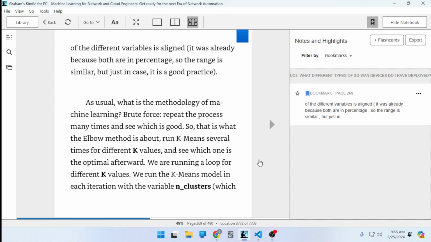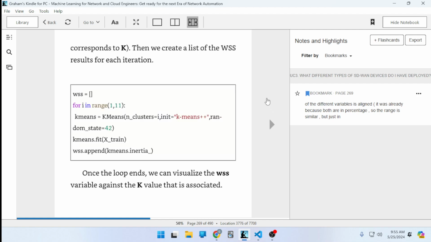We are running a loop for different k values. We run the k-means model in each iteration with the variable n_clusters, which corresponds to k. Then we create a list of the WSS results for each iteration. So we've got to do WSS data append.